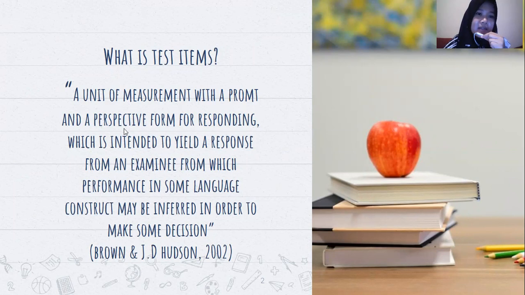And then the goal or the objective of giving such a task is getting the response from the examinee so that the examiner can measure the performance of the examinee and then make a decision.